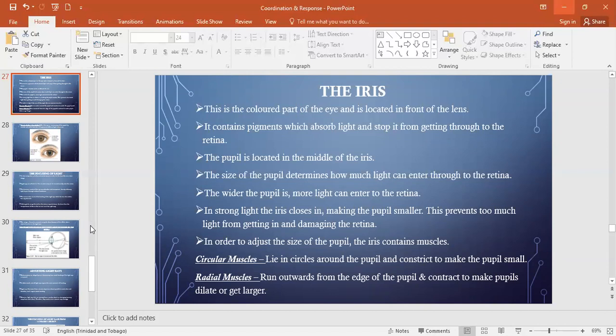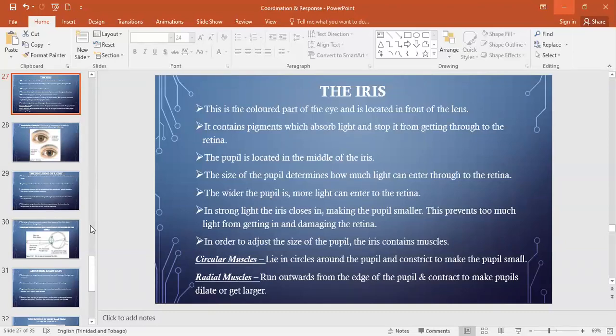So in order to control the amount of light that enters, your pupil and your iris muscles need to work together to either make the pupil larger or smaller. So this is where we come to the two muscles that are responsible for this. All right, so you have circular muscles.